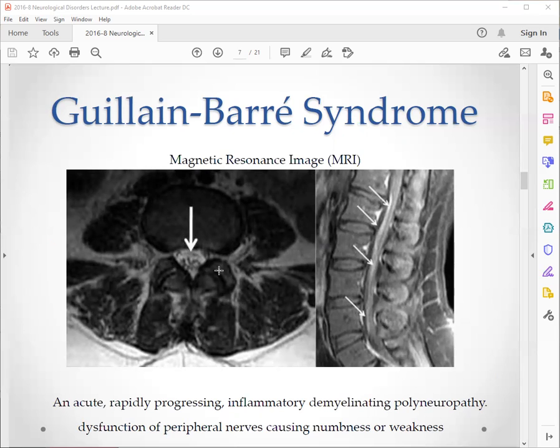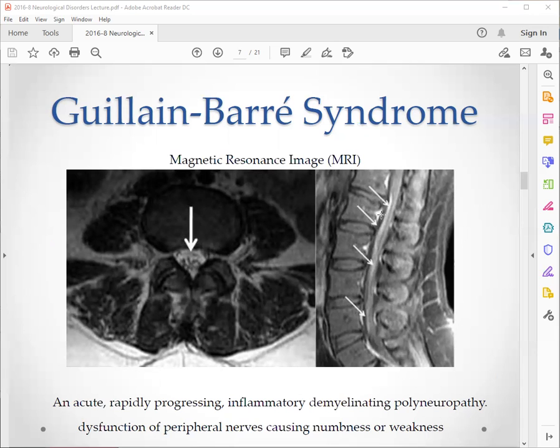If you look at these MRIs, this is a cross-sectional MRI, and then here you see the longitudinal spinal cord depicted here. Within these MRIs, you see regions of increased signal appearance here and here, here and here.